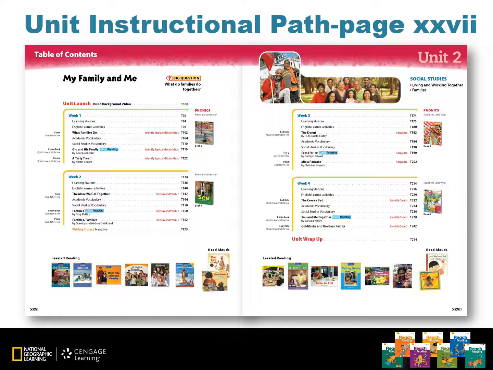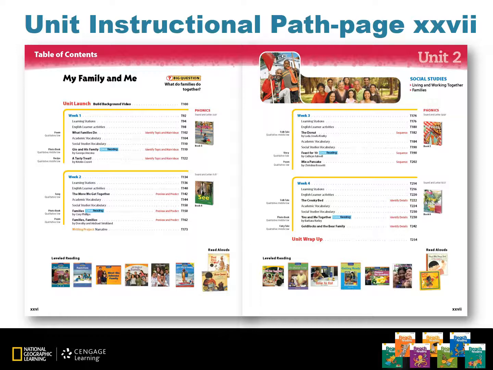Let's take a look at some of the planning pages and focus specifically on writing. Each unit follows the same instructional path, beginning with a unit launch and introduction of the theme before moving on to the instruction, which is broken down into 4 weeks. Reach for Reading emphasizes major topics of science and social studies through thematic units.